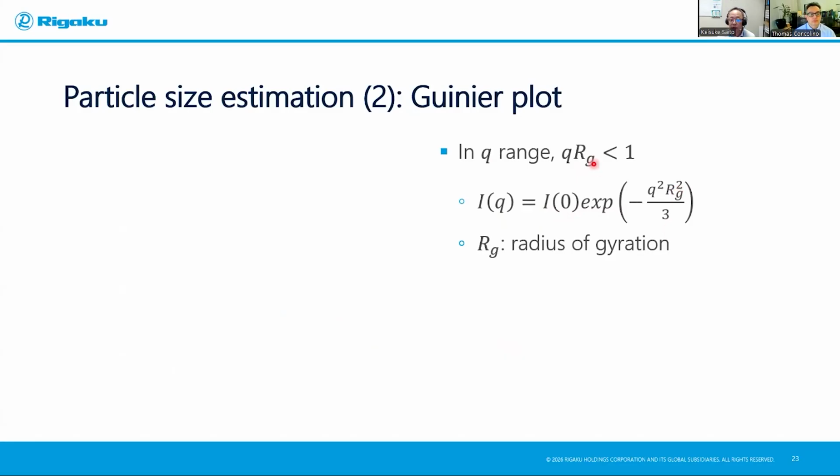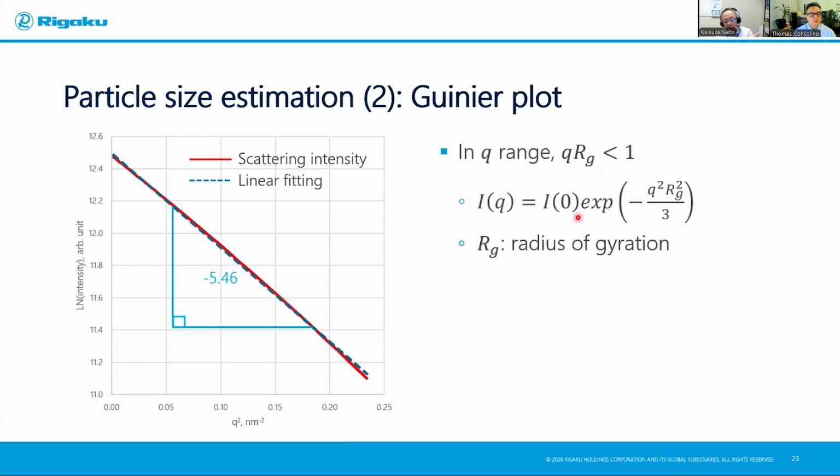Rg here is called the radius of gyration. This equation tells us that if you plot intensity on a log scale versus Q squared, the scattering vector squared, the slope is proportional to the radius of gyration squared over 3.